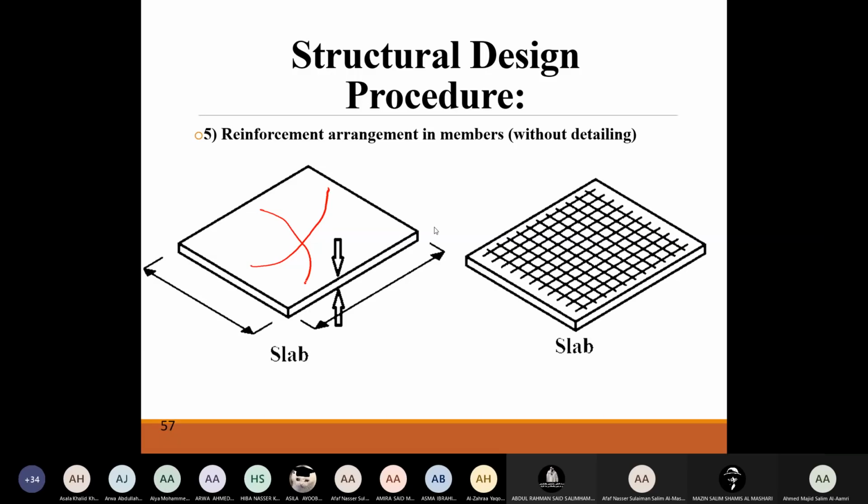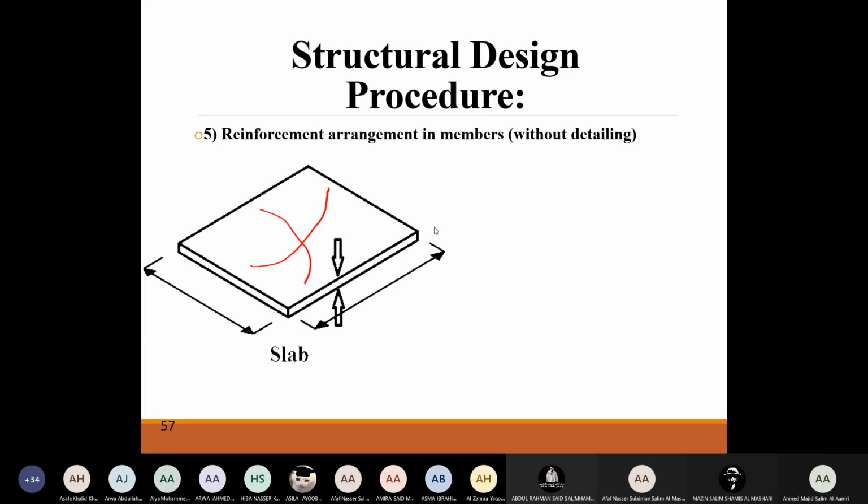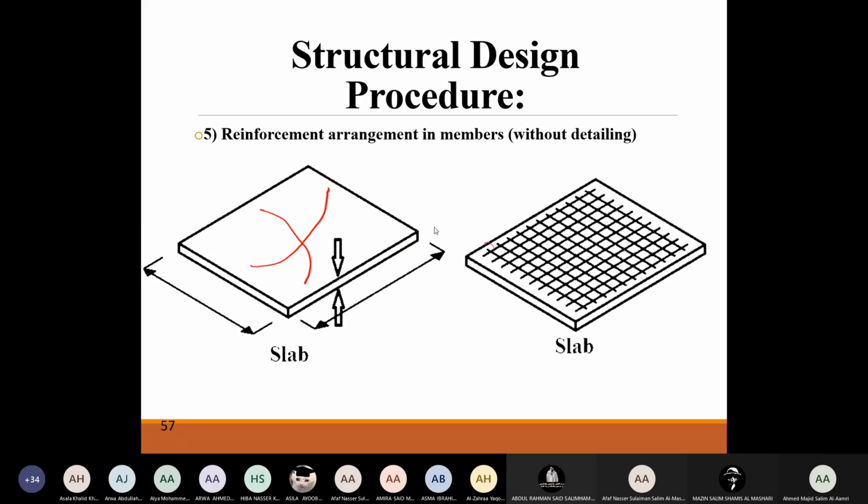One side of the reinforcement is going to resist the first bending, and the other one is going to resist the second. It's like a net, the same mesh. They will take the bending from both sides.